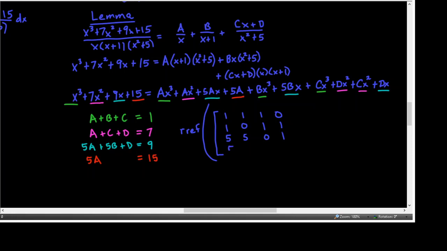And then 5a, 0b, 0c, 0d. Then we're going to augment that coefficient matrix with our constants, 1, 7, 9, 15. You're going to type that in your calculator as we did last time and record the result.